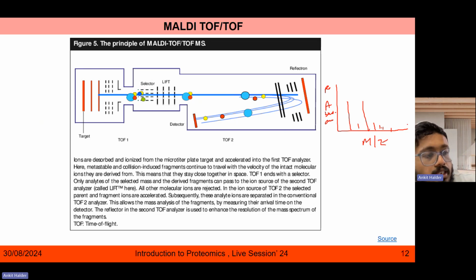Now we are getting this particular spectrum at the MS1 level.